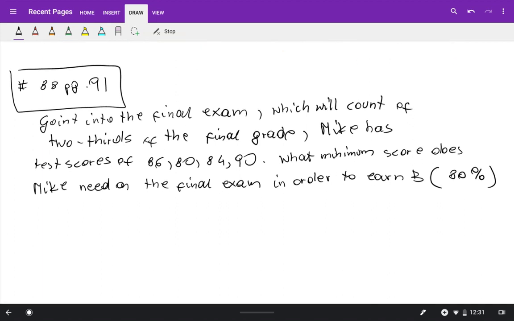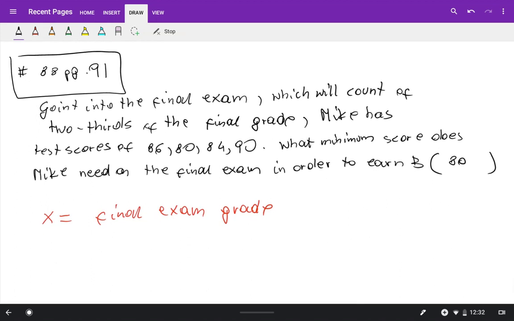So let's talk about it. We're trying to figure out what Mike should get on the final exam. I'm going to call X the final exam grade. Mike wants to end up with 80%, which we can just put as 80. So this is what we know. How does the teacher calculate the grade?